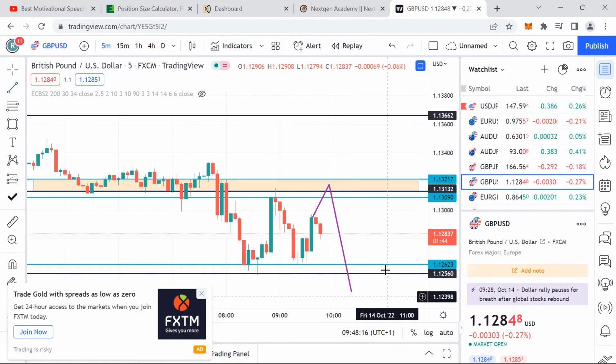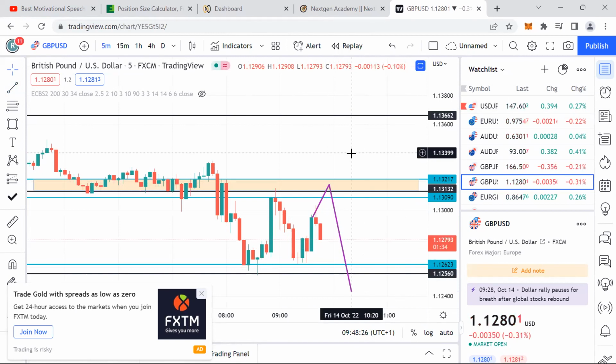Anywhere within this yellow box. So that is where we are anticipating it to come and do its thing for us. So that is on GBP USD.